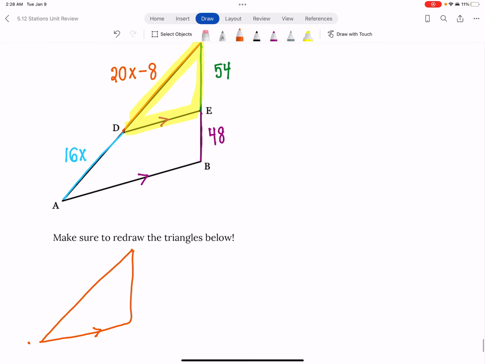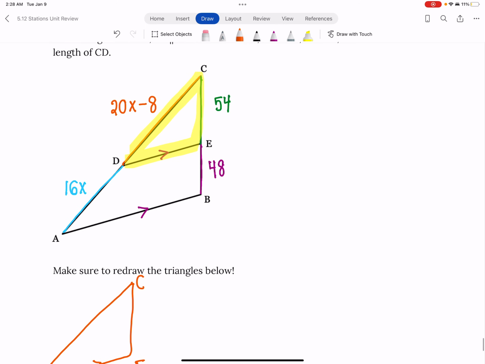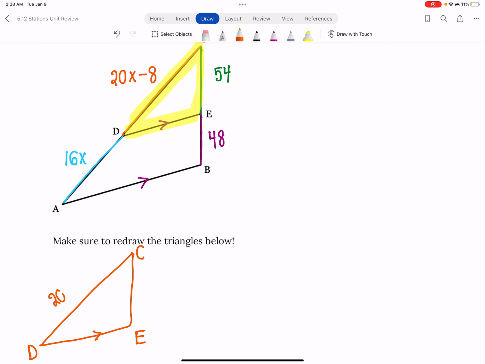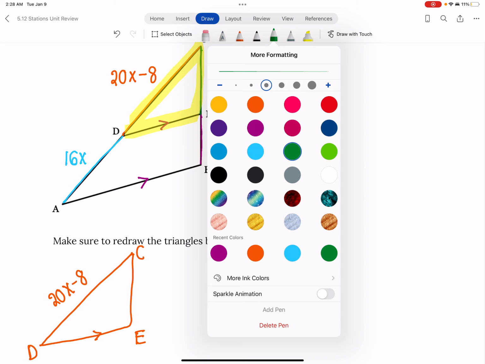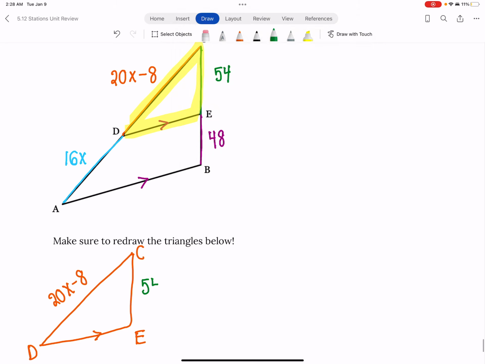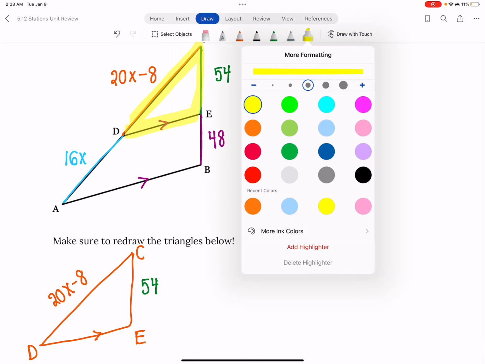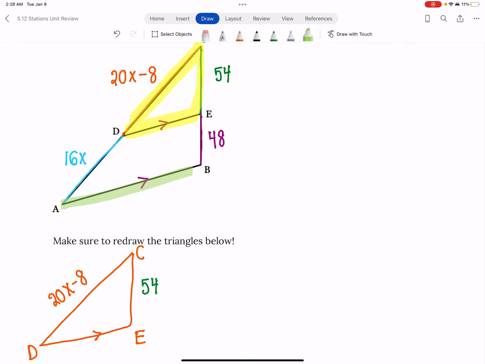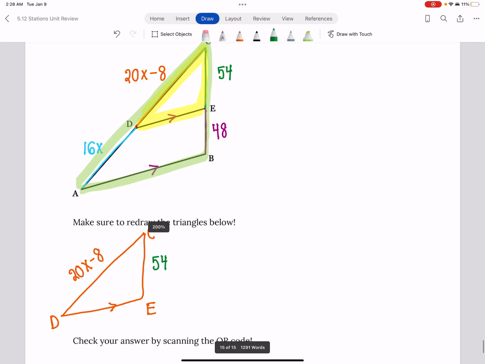So I have triangle DCE redrawn, and I'm going to add back the lengths. Then I'm going to go ahead and draw my bigger triangle, triangle ABC.